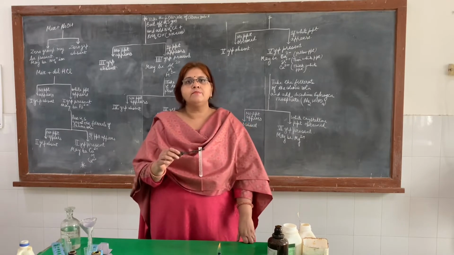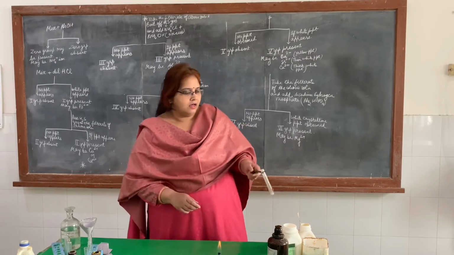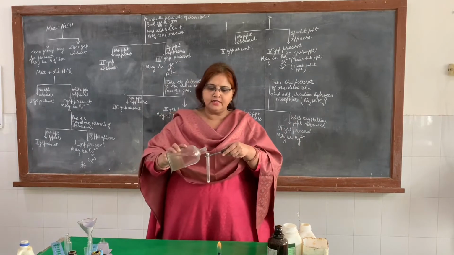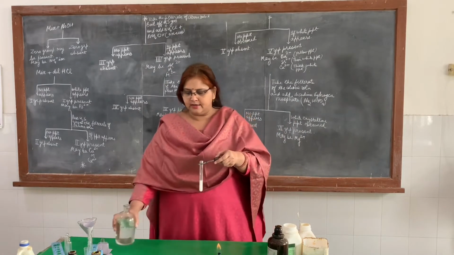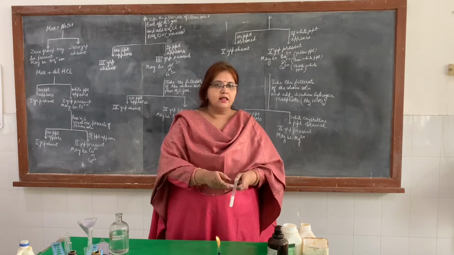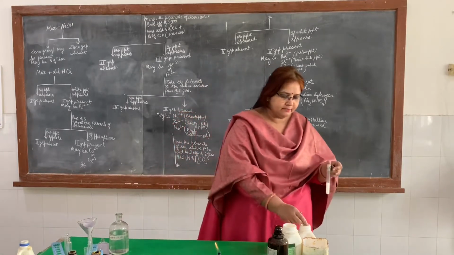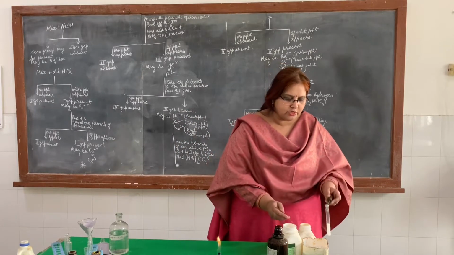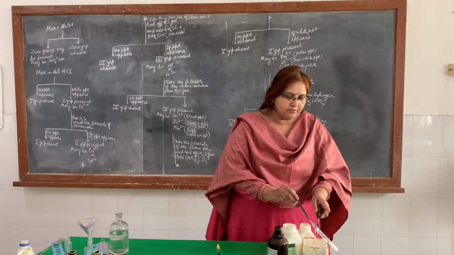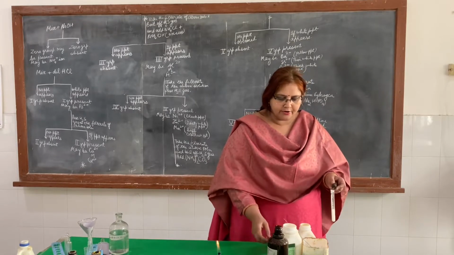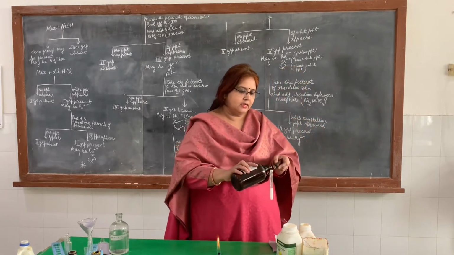Take the mixture, then add dilute HCl. We dissolve it in dilute HCl, completely dissolve it just by shaking. Then, since no precipitate is obtained, first group is absent, we are going to add ammonium chloride and ammonium hydroxide to it in excess.